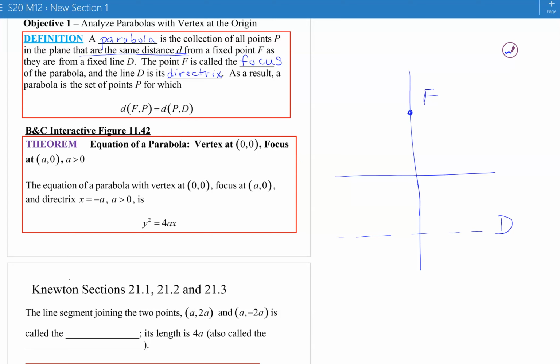As a result, the parabola is the set of all points for which the distance from F to a point on the parabola is the same as from D to a point on the parabola. So this would be your point on the parabola.